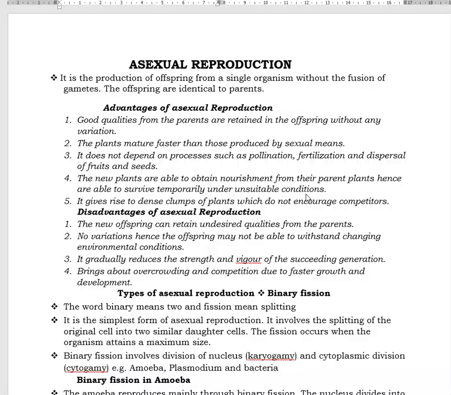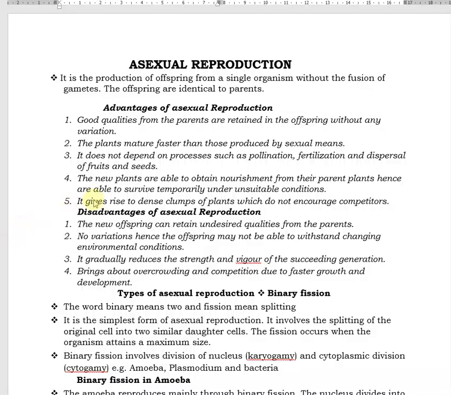Remember, a young offspring cannot obtain its own food directly. Now in asexual reproduction, because the offspring is produced without fusion, mostly the organisms depend on their parents for nutrients, for nourishment.